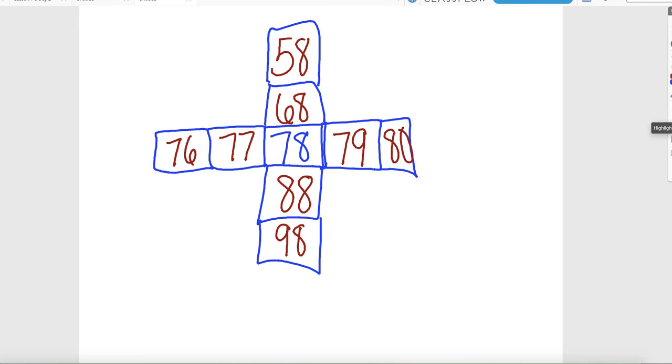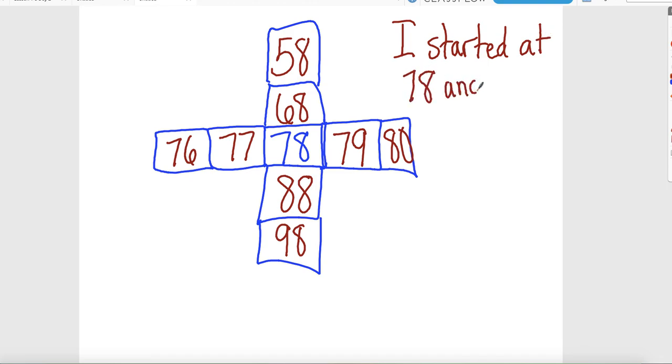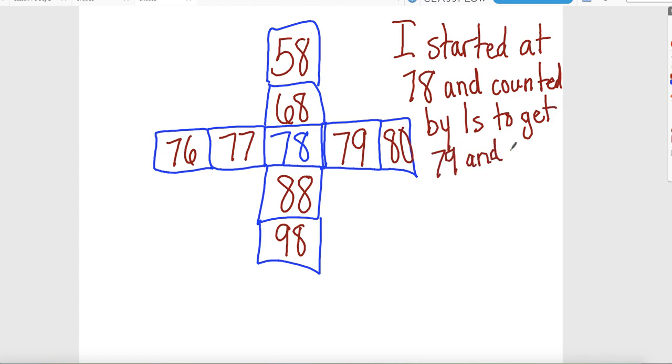So I would actually write in sentences, and I'm going to write it up here on the board. I started at 78 and counted by ones to get 79 and 80.